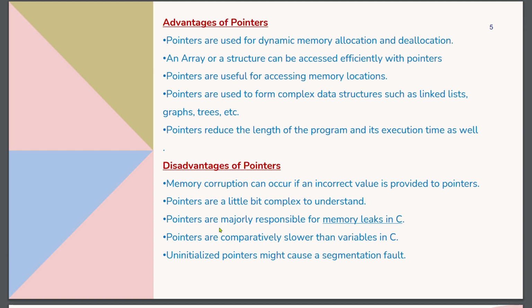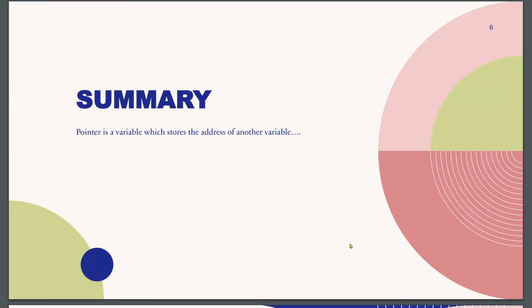Pointers are majorly responsible for memory leaks in C. Pointers are comparatively slower than variables in C. In other languages, pointers are more efficient, but in C language, pointers are less efficient. Uninitialized pointers might cause a segmentation fault. These are the basic advantages and disadvantages of pointer.